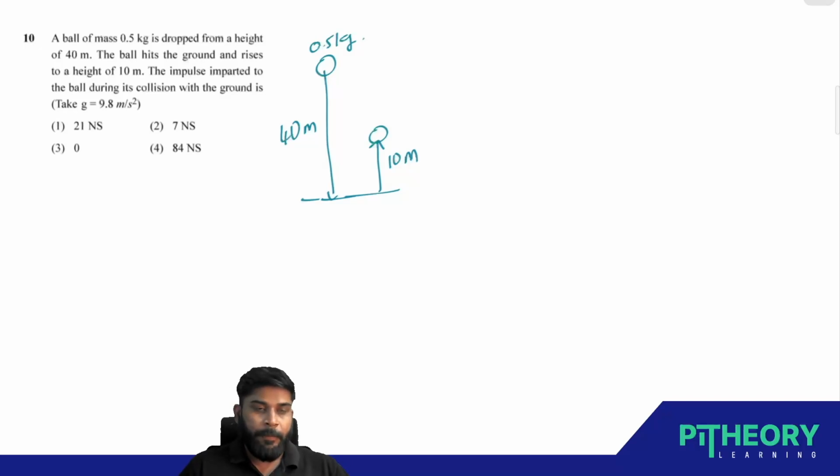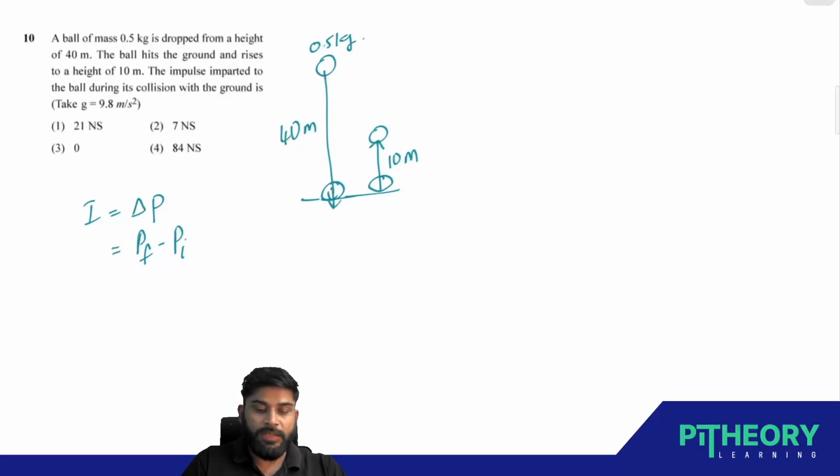How do you find impulse? See, impulse we can write very easily as the change in momentum, that is final momentum minus the initial momentum. So we consider the ball just before hitting the floor and just after hitting the floor.